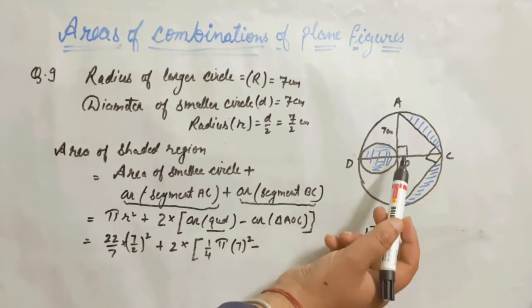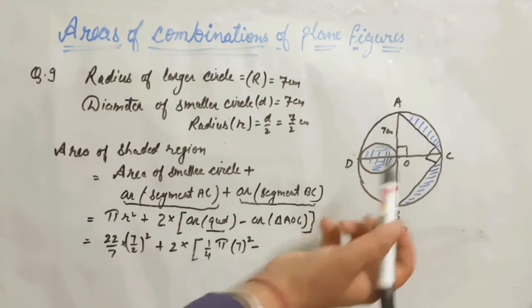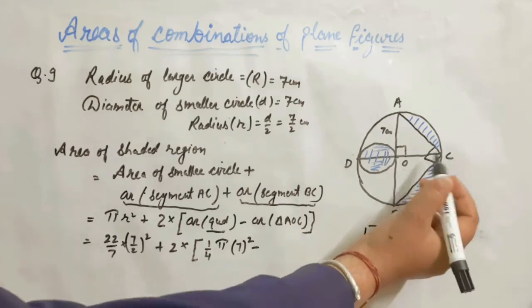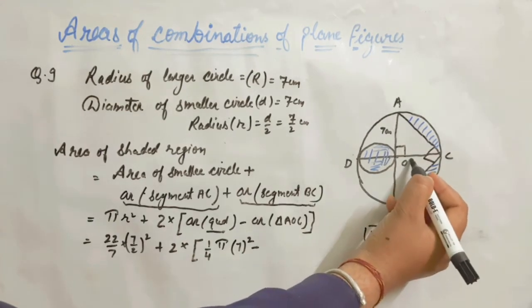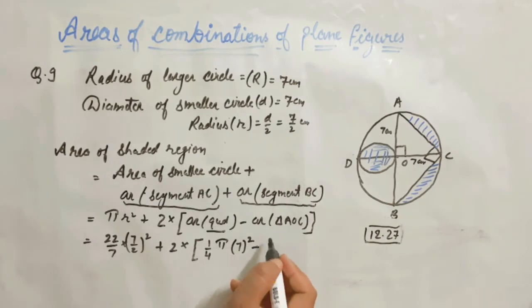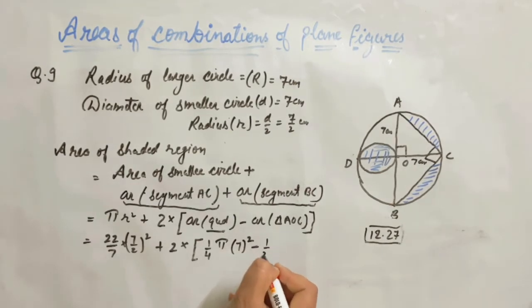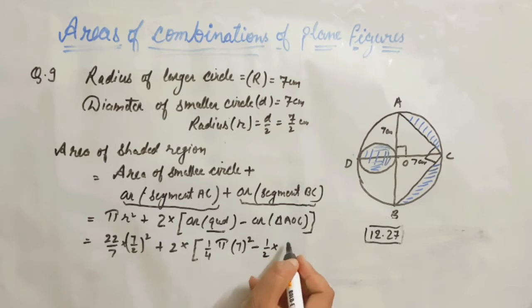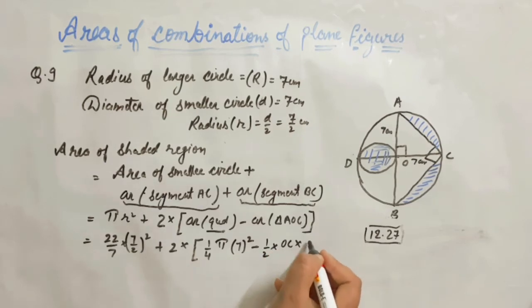Now concentrate on triangle AOC. It is a right angle triangle where OC is equals to OA and both are equals to 7 centimeter. So this will be equals to half into base into height. Base is OC and height is OA.